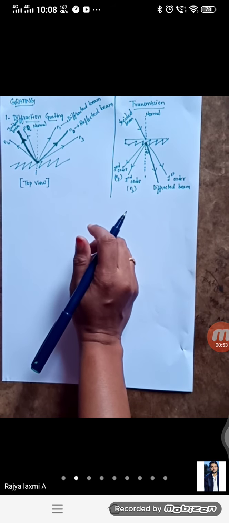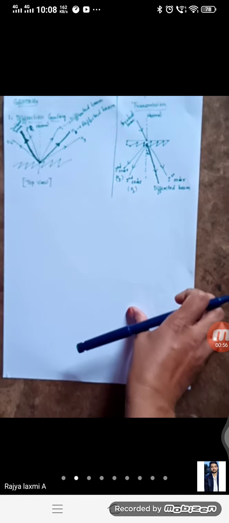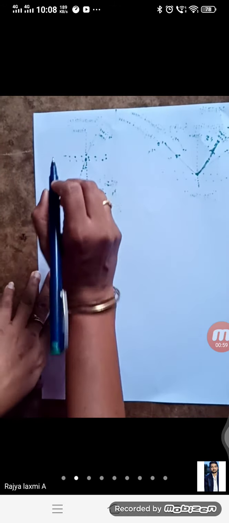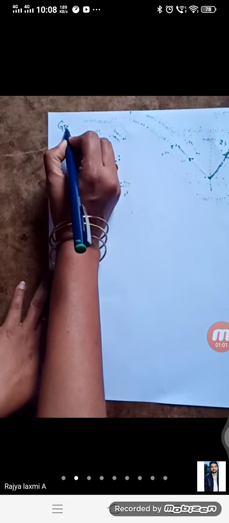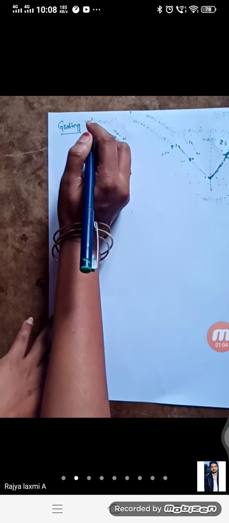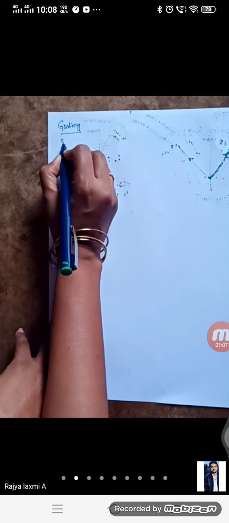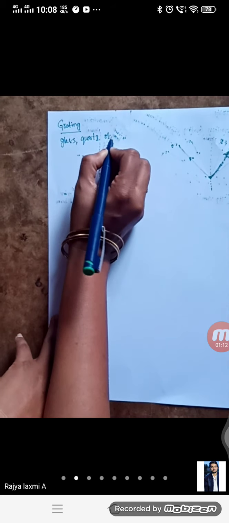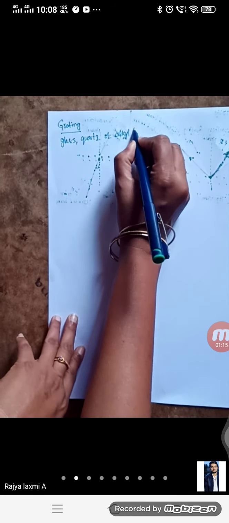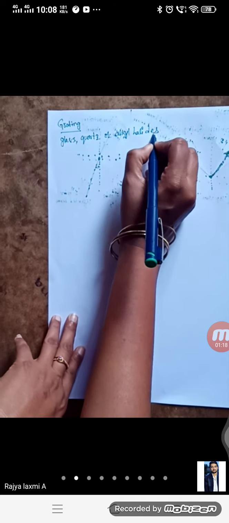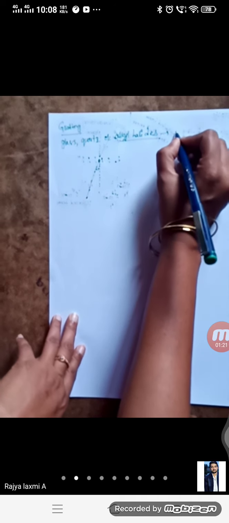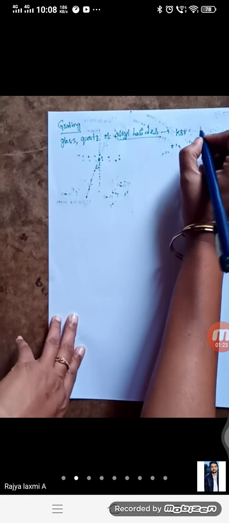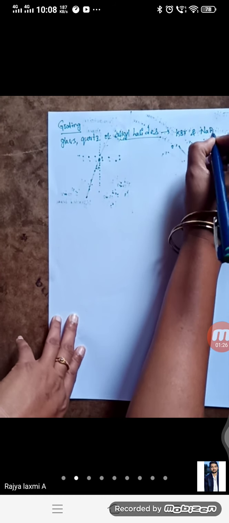These grating monochromators are made up of glass, quartz or alkali halides, like KBr, potassium bromide, and NaBr, sodium bromide.